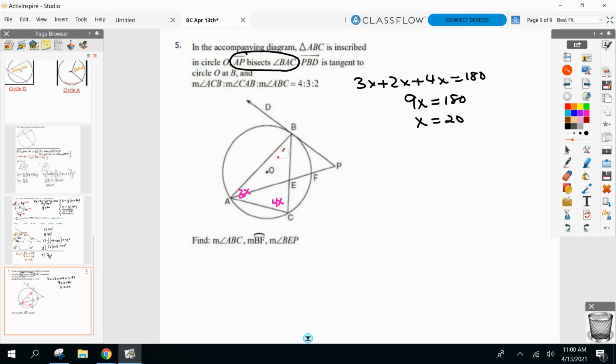So angle B would be 40 degrees. Angle C is 80 degrees. And then angle BAC would be 60, but it's getting bisected, so hopefully you're comfortable if I put 30 and 30 here.